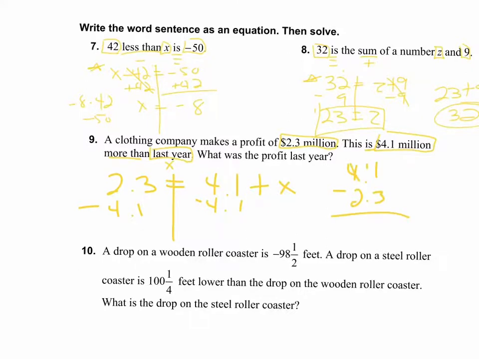And we borrow, we get 1.8. Okay, and that would be negative because 4.1 is bigger, so negative 1.8 is equal to X because those cancel out. And that's negative $1.8 million, right? And this would be my answer to that question. You can go ahead and plug it in. So 4.1 plus a negative 1.8, opposite signs you subtract, you will end up with 2.3 million, okay?